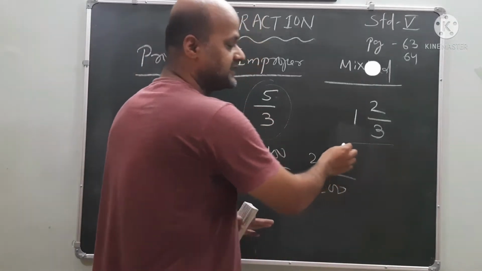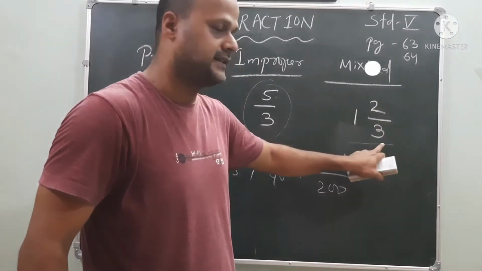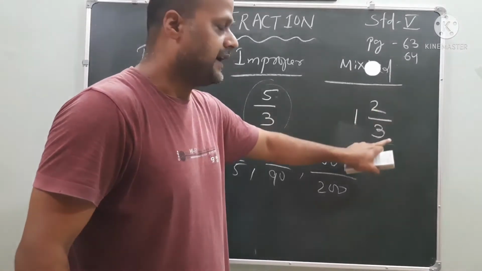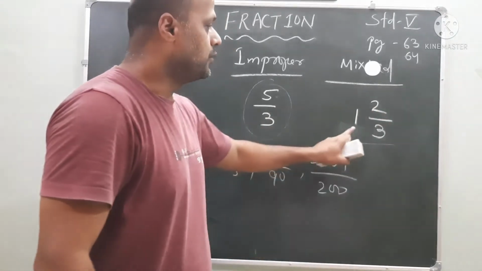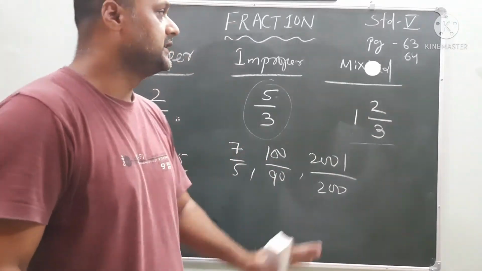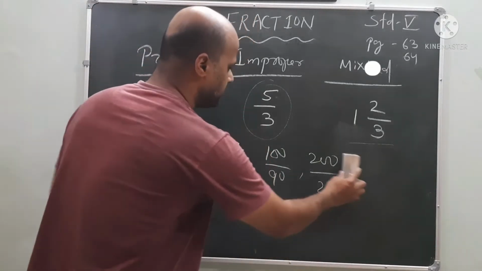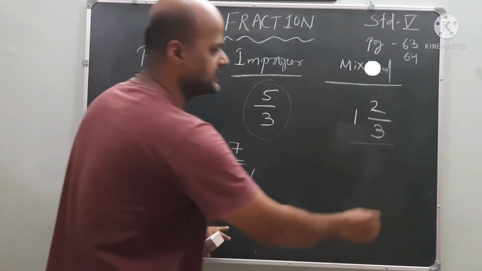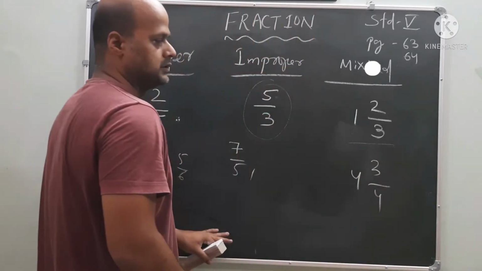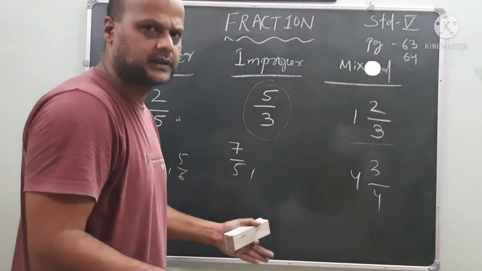A mixed fraction is read as 1 whole of 2 by 3. This is how you will read the mixed fraction. Then example: any example you can take, 4 whole of 3 by 4. Remember, whole number and a proper fraction.